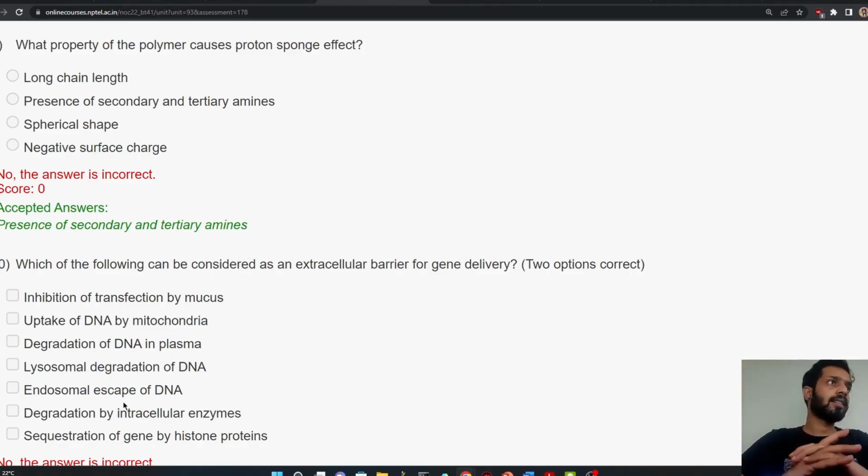But this presents an extracellular barrier for gene delivery. If you want to deliver a particular DNA to your entire body, the easiest and most accessible approach is to basically do an IV injection. Right? But if you do an IV injection of naked DNA, it's going to get degraded in the plasma. That's what they mean. Is that clear?